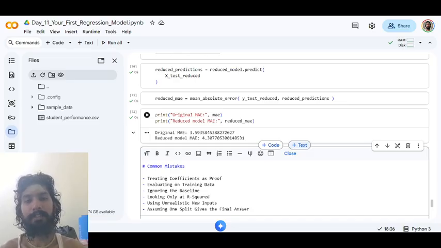Performance can change depending on which rows enter the training and testing sets. A single split is a useful starting point. For stronger evaluation, we would repeat the process or use cross-validation.